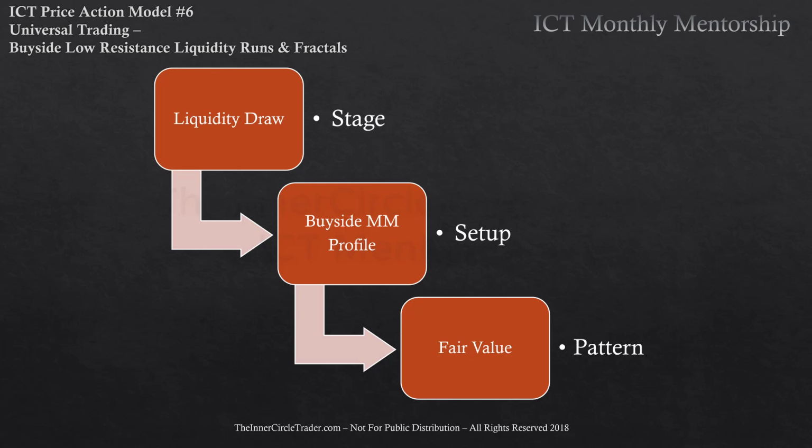Okay, so that's why I started with this one first before I did the sell side low resistance liquidity runs with fractals, because like I said, it resonates with me. And if you see a lot of the examples I show, I'm doing that very thing. If you go back and look at the sample size of all the examples, like when I was doing forum work and sharing back in 2010, the majority of it was buying, because when I go into the marketplace, I'm looking for reasons for it to rally.